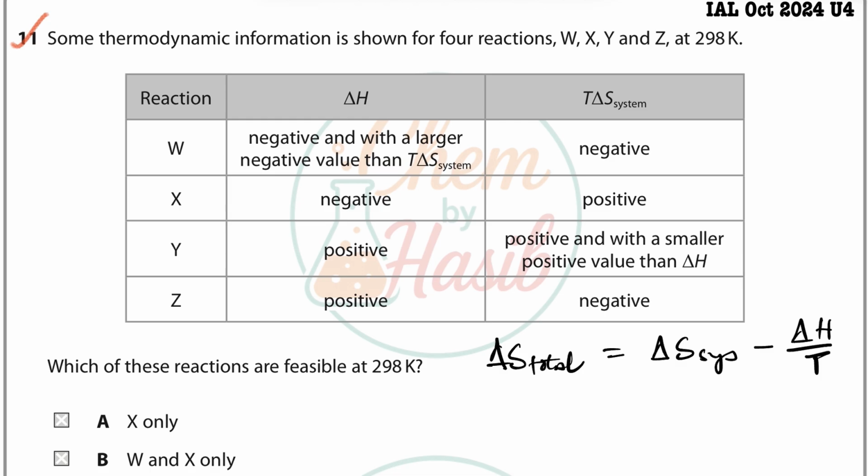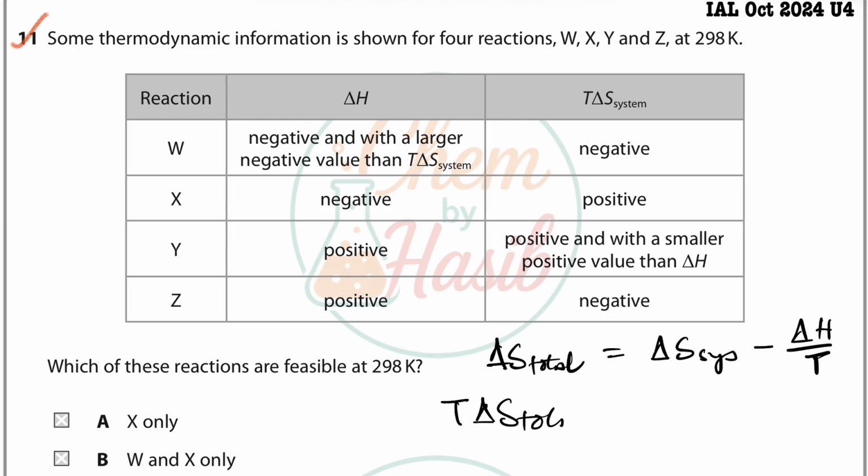Now the problem is the table gives information about T into del S system and not del S system. So what we can do is multiply the whole equation by temperature.